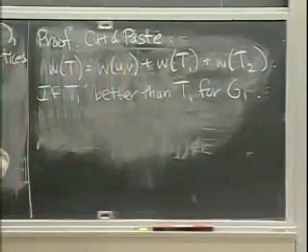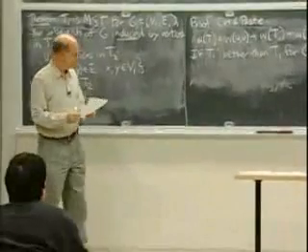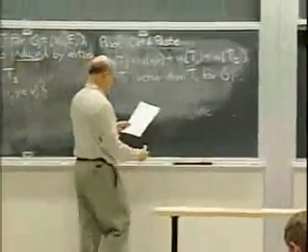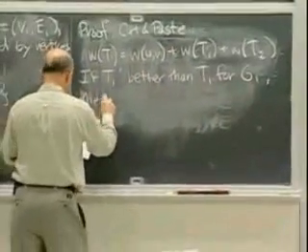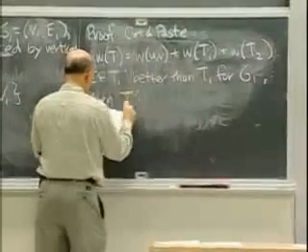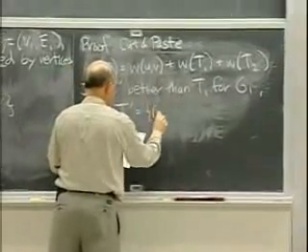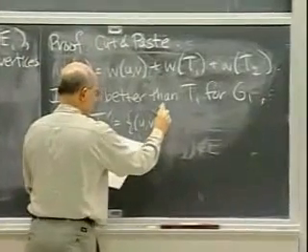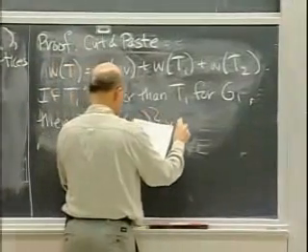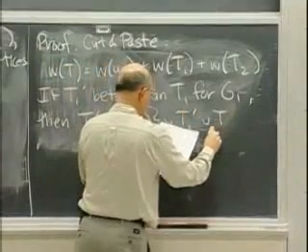Suppose I had some better way of forming a spanning tree. Then I would make up a T prime, which contained the edge UV and T1 prime union T2.